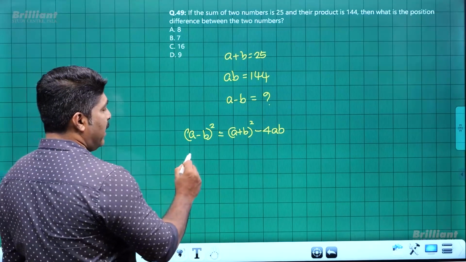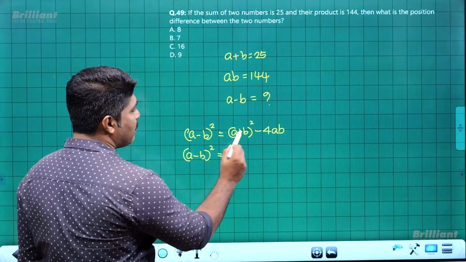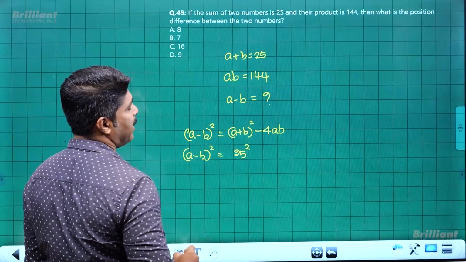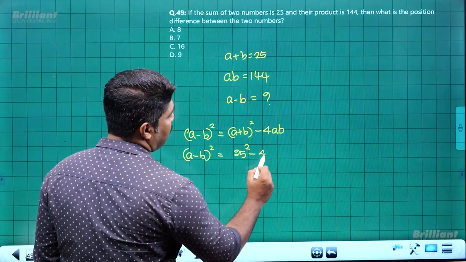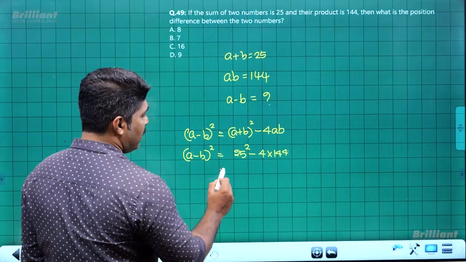So a plus b is 25, so 25 square minus 4ab, and ab is 144.